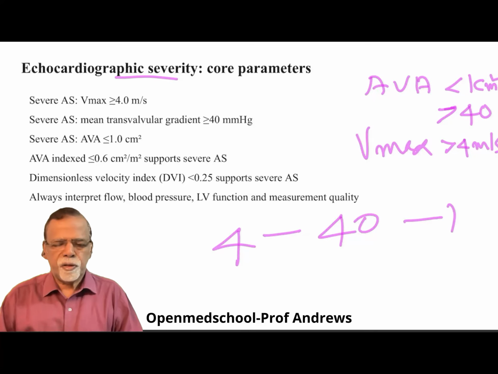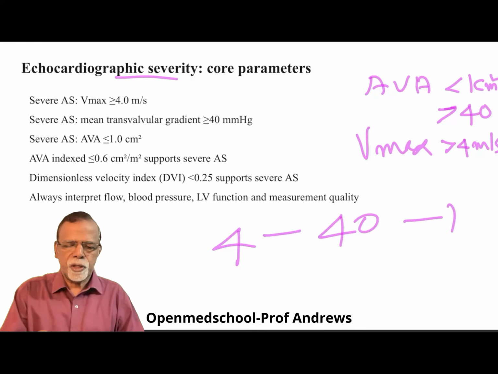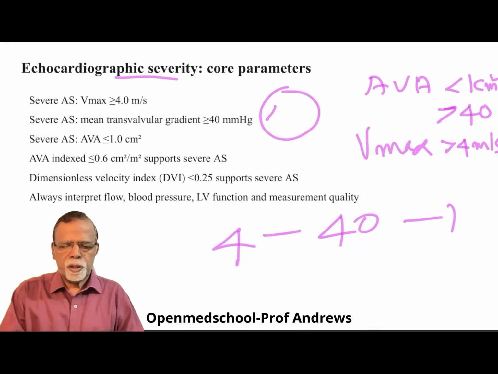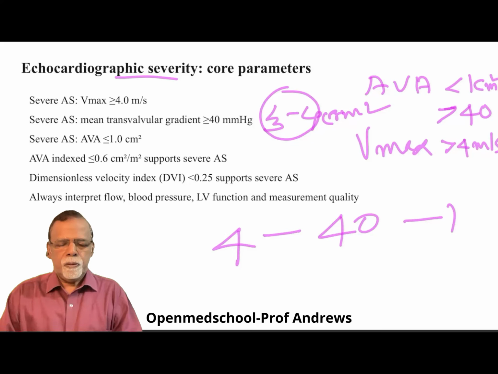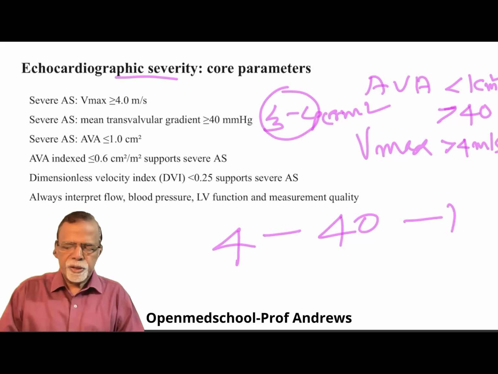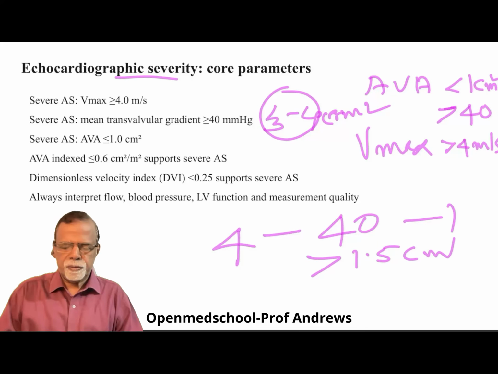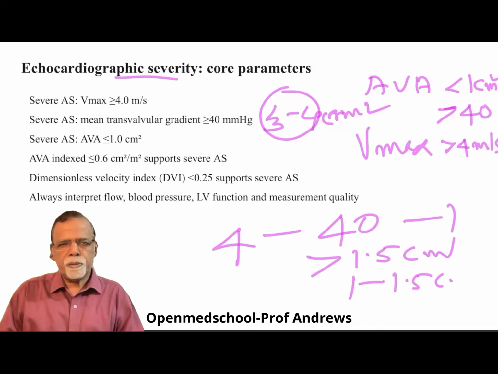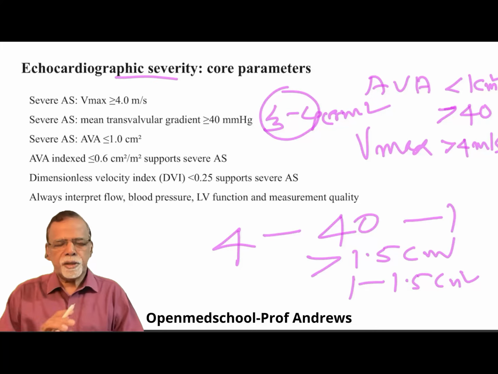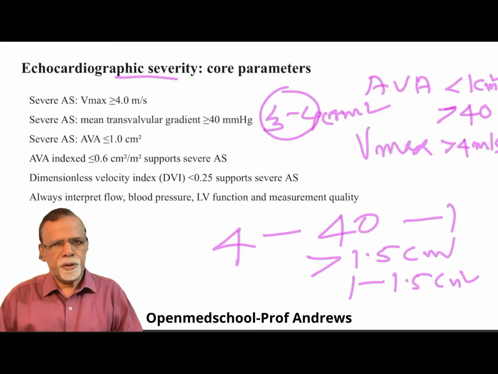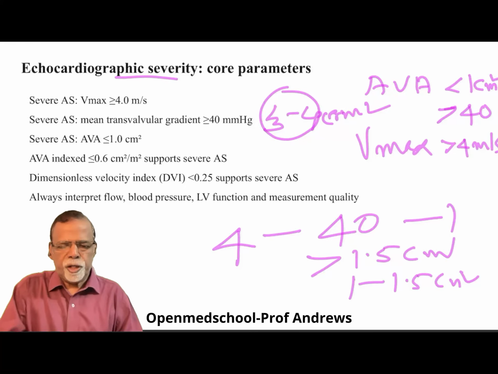This indicates severe aortic stenosis, and the normal size of the aortic valve is 3 to 4 centimeters square. In mild aortic stenosis, the area will be more than 1.5 centimeters square. 1 to 1.5 centimeters square means it is moderate, and less than 1 it is severe aortic stenosis. At least you should remember this 4, 40 and 1.